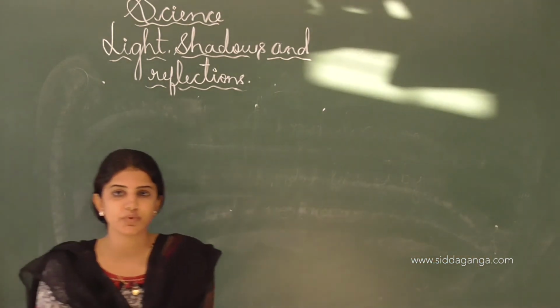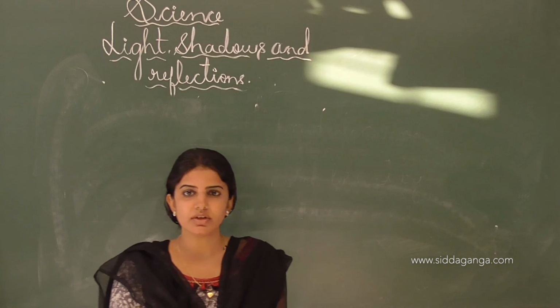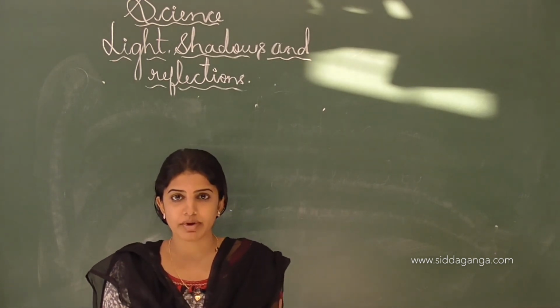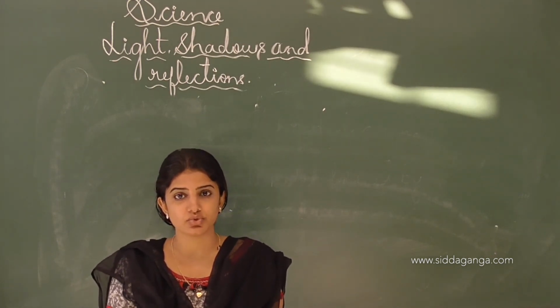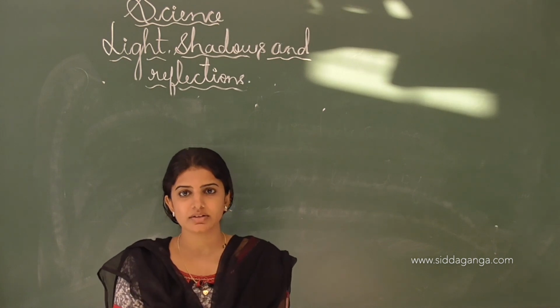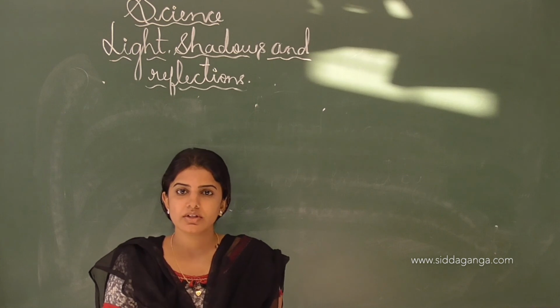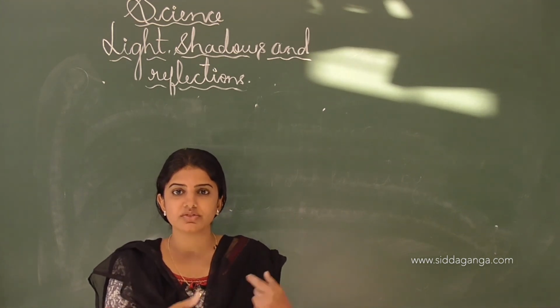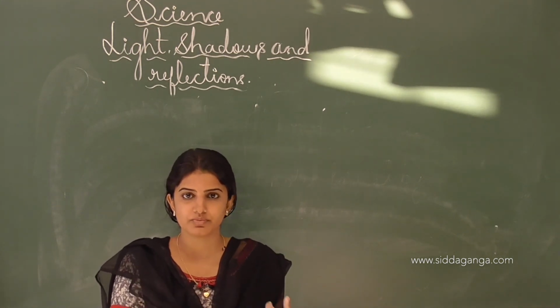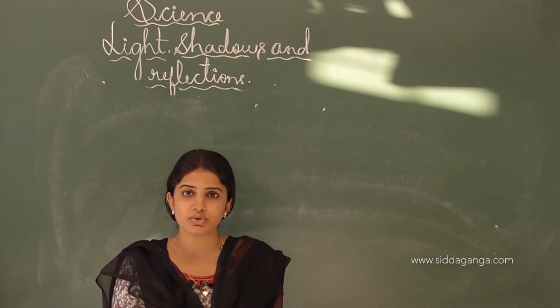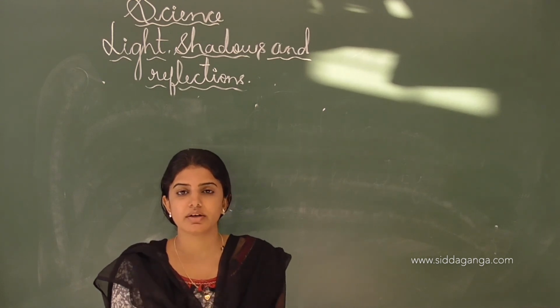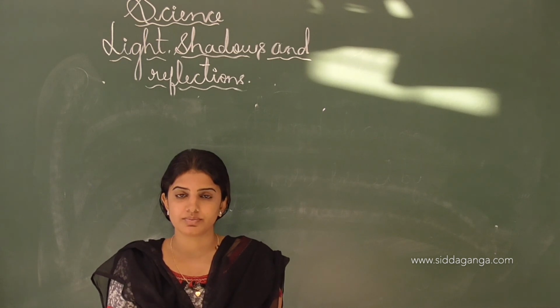So in today's class we learned about the different conditions of the shadow, where an opaque object, an opaque screen, and also a source of light are required. And a feature of the shadow is that if the light source is moved to another place, then the shadow also moves.